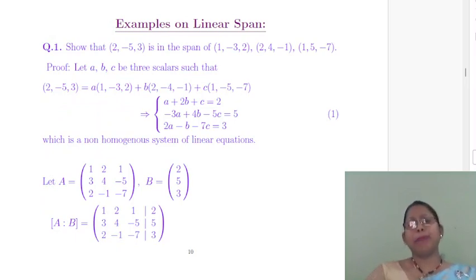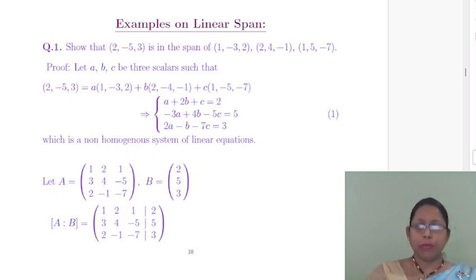Next is an example on linear span. First example: show that the tuple 2, minus 5, 3 is in the linear span of these three vectors: that is 1, minus 3, 2, then second vector 2, 4, minus 1, and third vector 1, 5, minus 7.